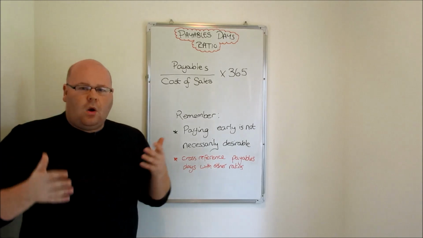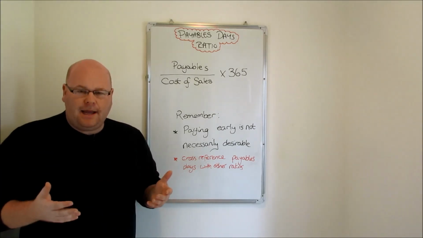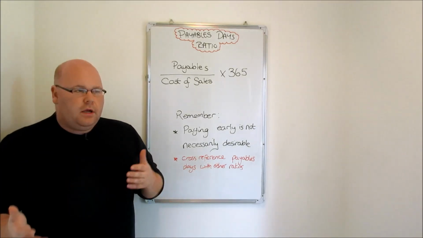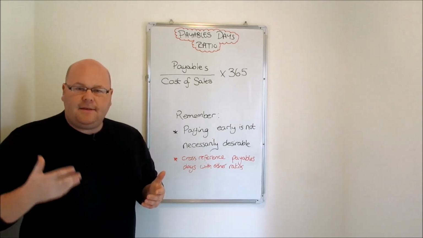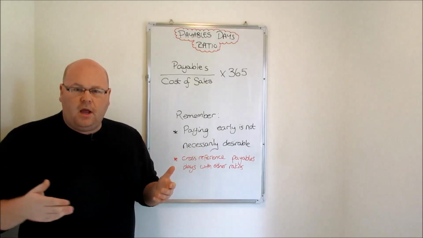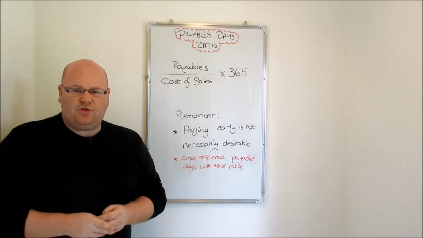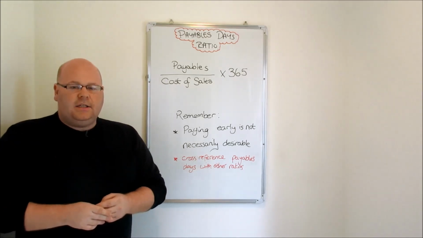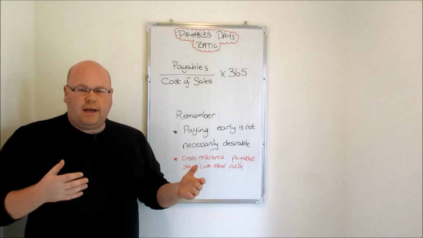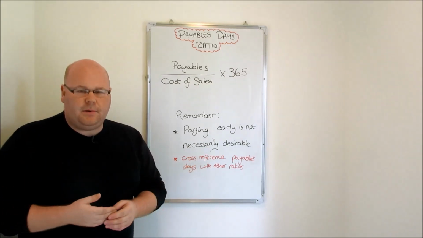Now, what we can do is we can compare the payables days that we calculate with a couple of different figures to see if the managers are doing an effective job of managing the business's payments and managing the business's debts and trade credit with its suppliers. So first of all, we can compare that number to the trade credit period that the business on average is being offered.